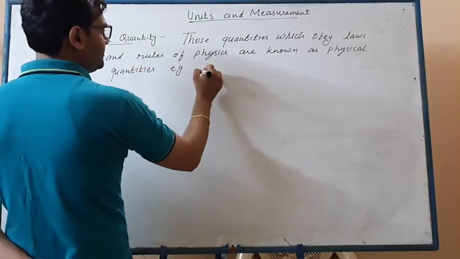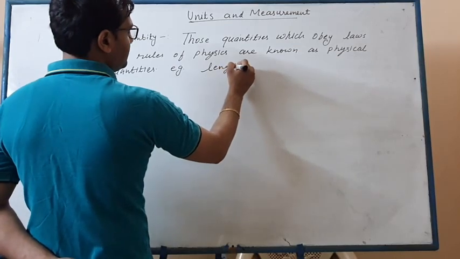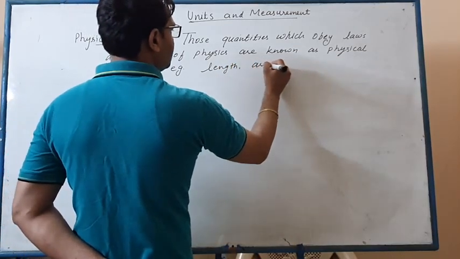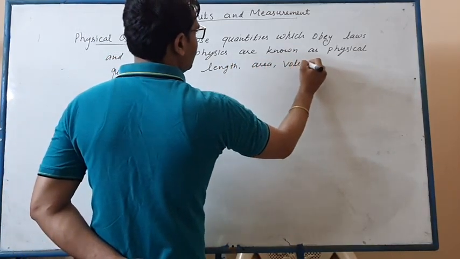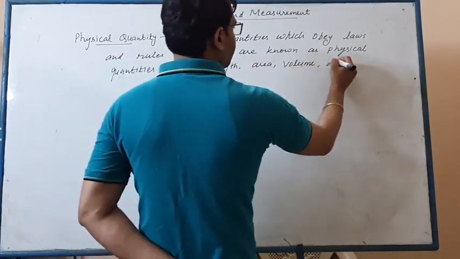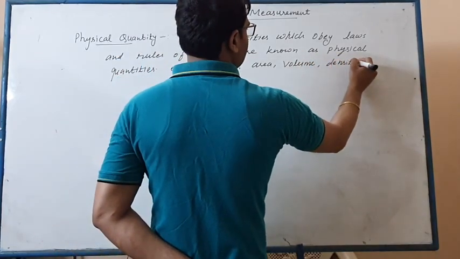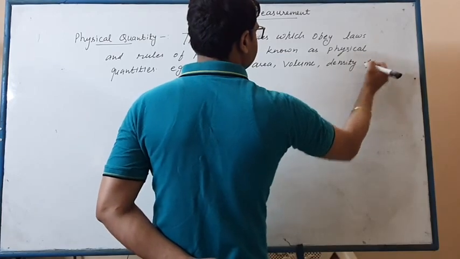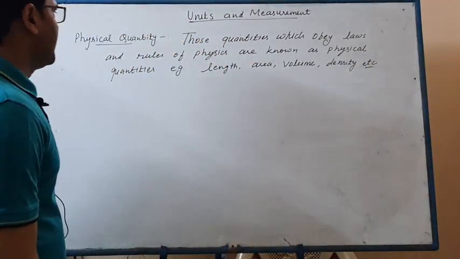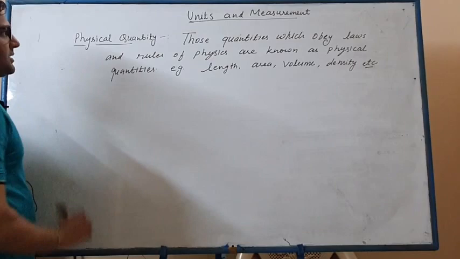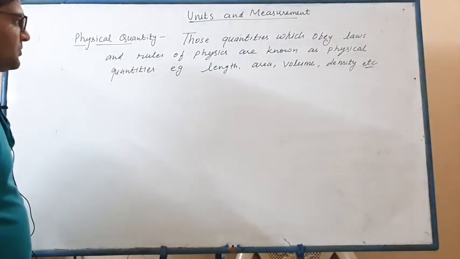For example, length, area, volume, density, etc. So these are the physical quantities.